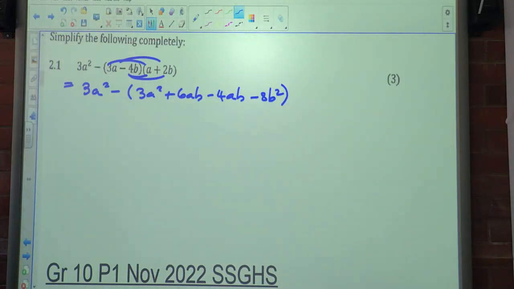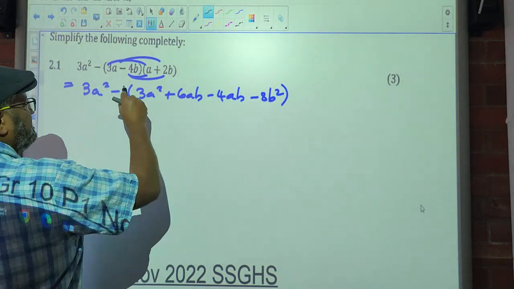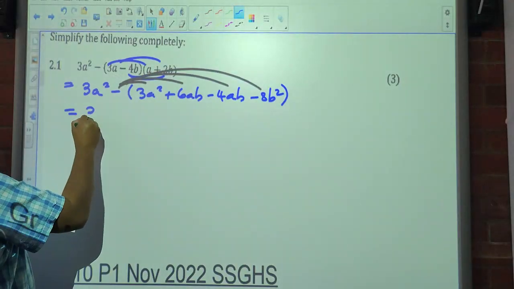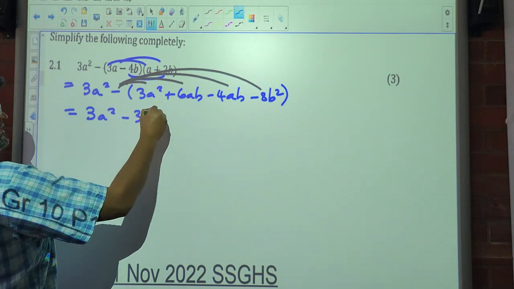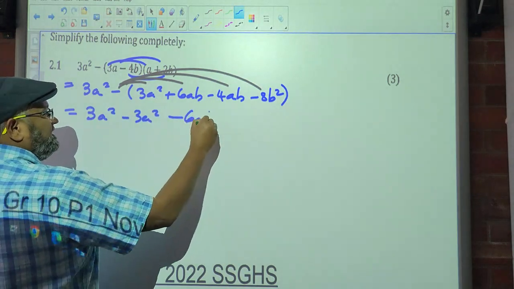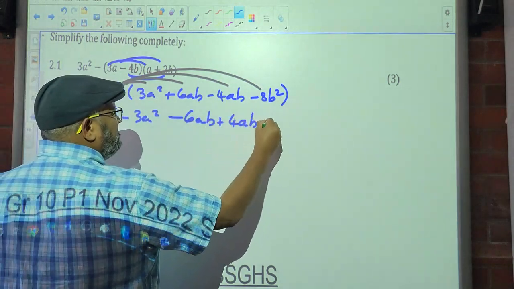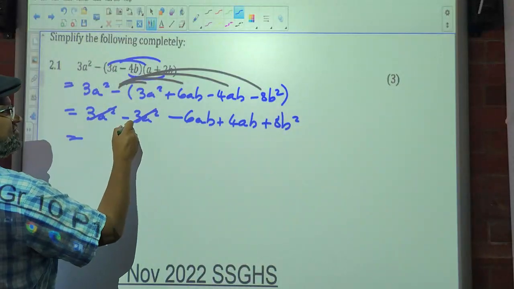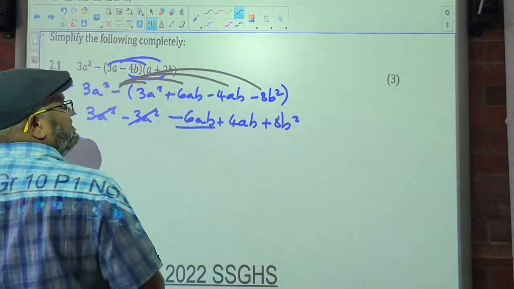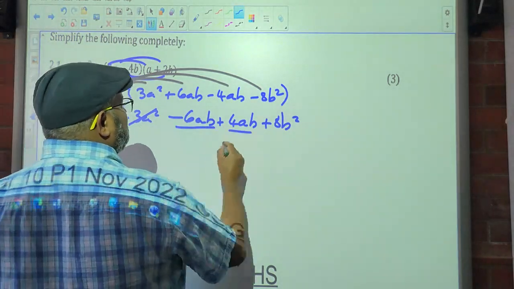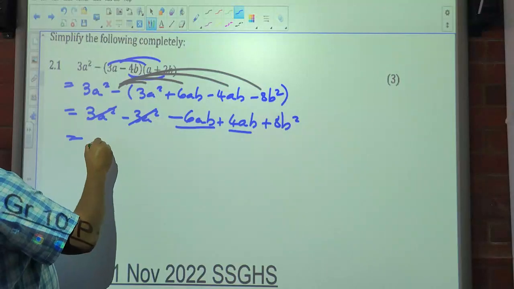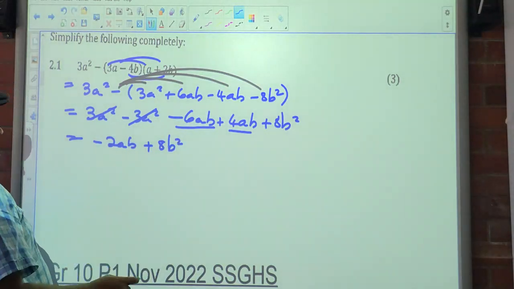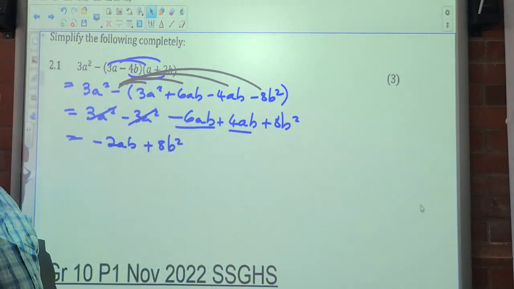I can either multiply out the bracket, or add like terms inside the bracket. So we get 3a squared minus 3a squared minus 6ab plus 4ab plus 8b. So that cancels, leaving negative 6ab plus 4ab, which is negative 2ab, plus 8b squared. Let me know when I make a mistake, okay?